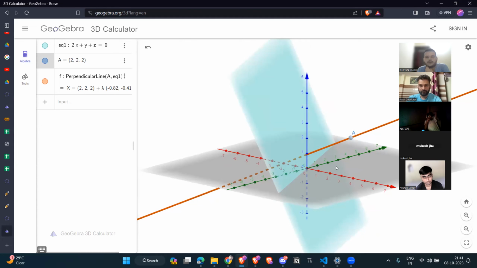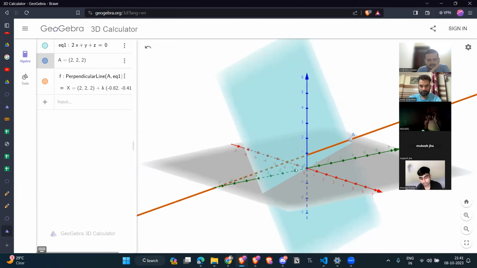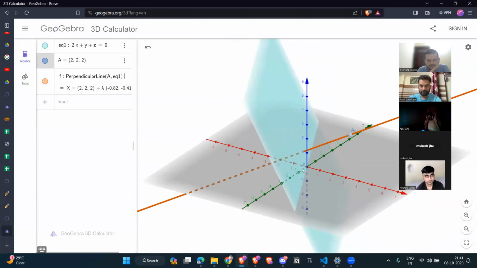I just want to know what's the shortest path according to you. Maybe that can help us understand why perpendicular distance is the shortest path. Maybe you can give us some idea, and then we can discuss. I was saying that in the perpendicular distance we are traveling through the 3D space, right?